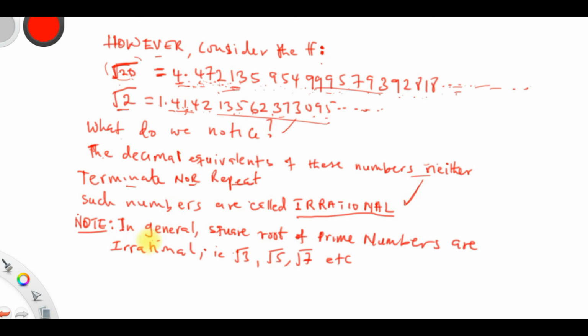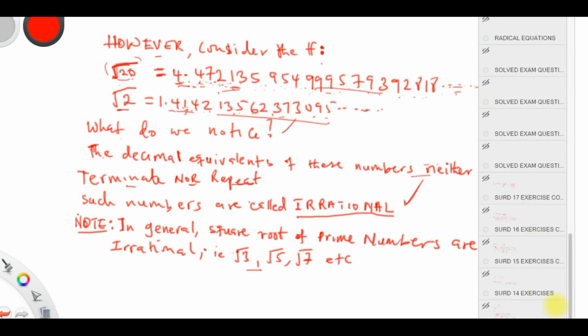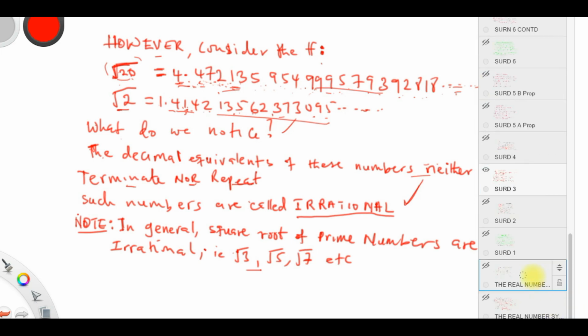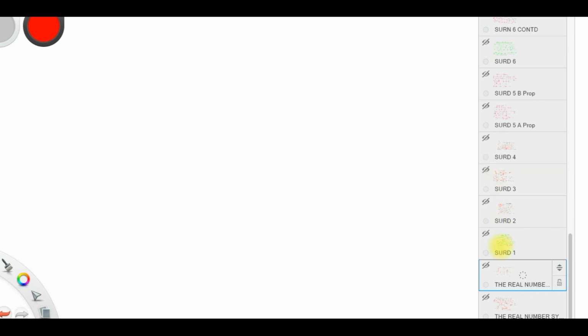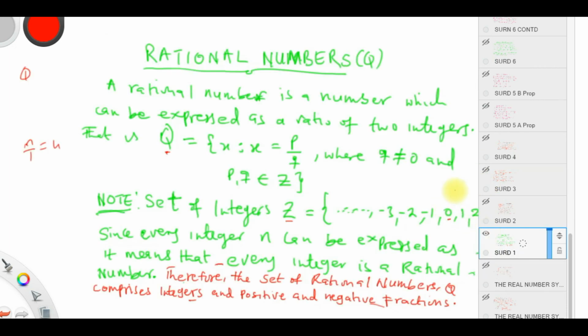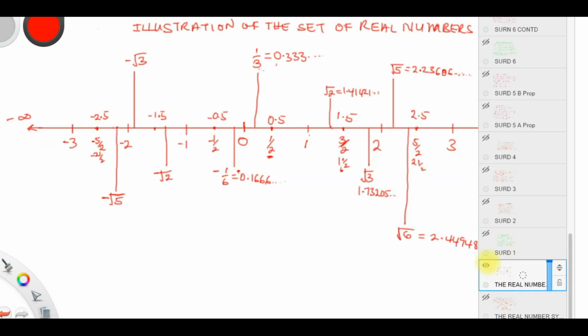So in general, the square roots of prime numbers are irrational numbers. When we were looking at the number line, we represented the set of real numbers on the number line.